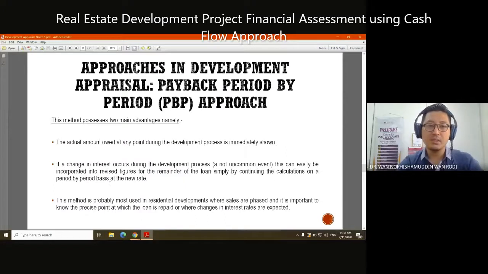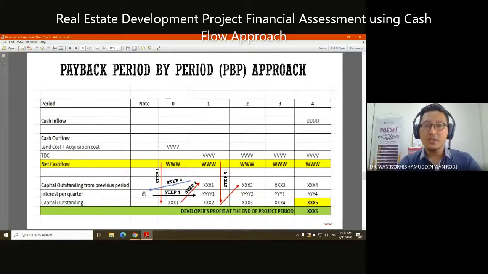So basically it has three main advantages. Okay, let us look into the calculation for payback period.